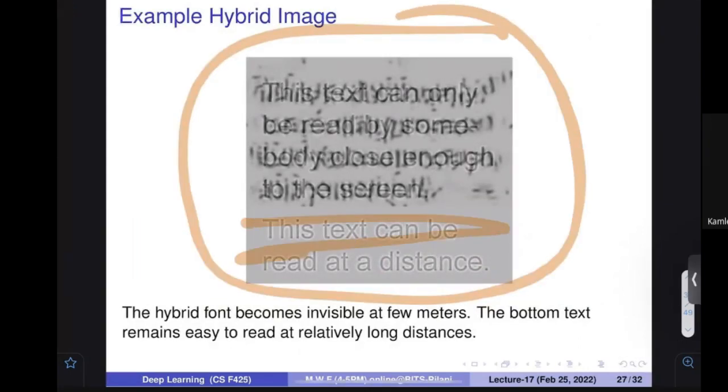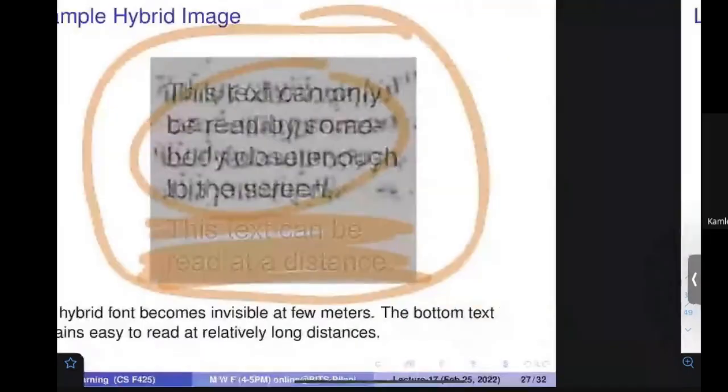You can read this from a distance, but you cannot read this. If you come closer, then only you can read it, because the other things which have been added go away when you see from very near. Can you see this? Again, these are hybrid images.